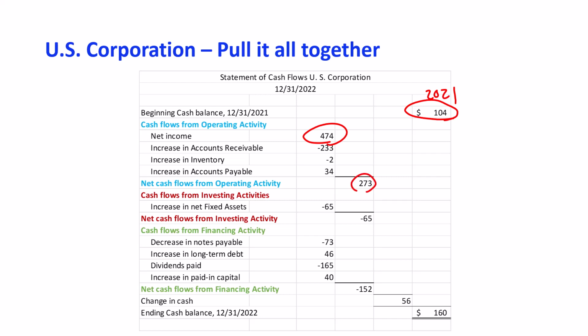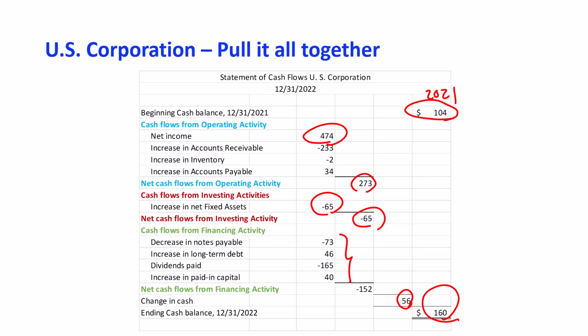From the investing activities, you have 65 million invested in fixed assets, so down 65, and then you have decrease in notes payable, long-term debt, dividends, and all the other financing activities. Together, this shows that over the year you added 56 million in cash. So 104 million plus 56 gives you your ending cash balance here.